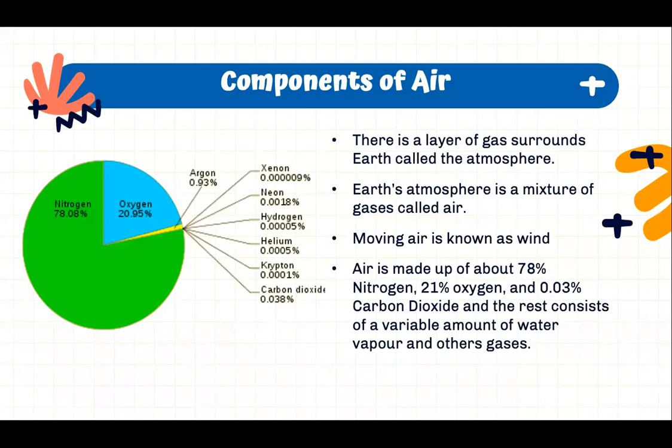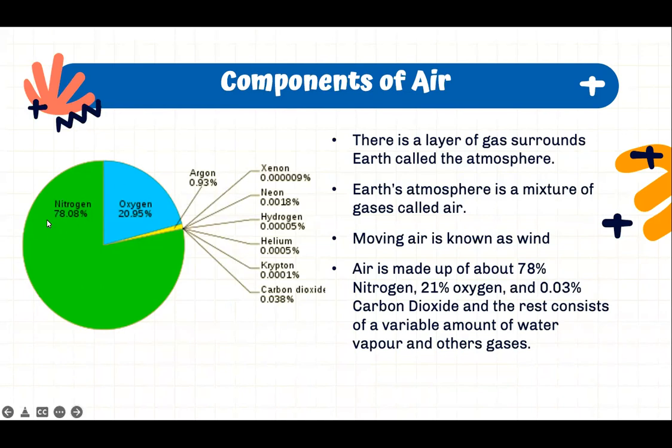So let's look at the first big question that many people have, the components of air. There is a layer of gas surrounding Earth called the atmosphere. The Earth's atmosphere is a mixture of gases called air. By looking at this sentence, I believe everyone will know that air is not one thing; air is made of many gases.